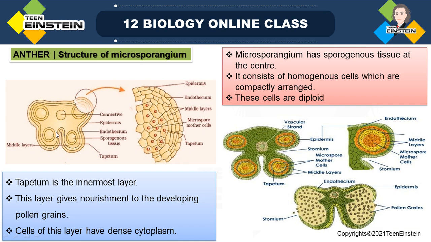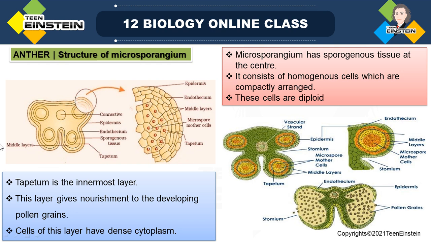So in a young anther, in each microsporangium you can see sporogenous tissue at the center, and these are diploid cells with a very compact arrangement. The sporogenous tissue cells are compactly arranged and they are diploid cells. Got it?